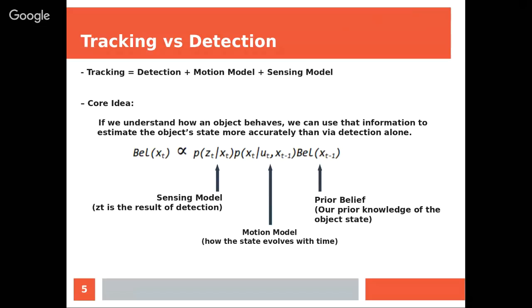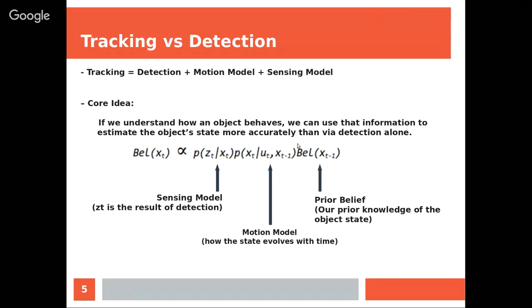And then the measurement step where we calculate weights for the particles and resample is the result of incorporating this sensing model multiplicative factor here. So that's at a high level how the particle filter maps to the belief function.